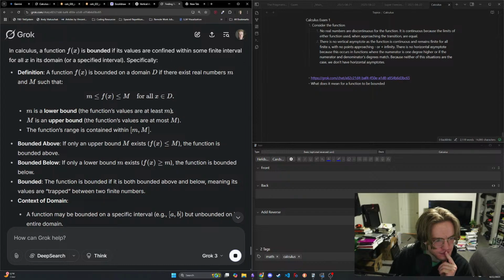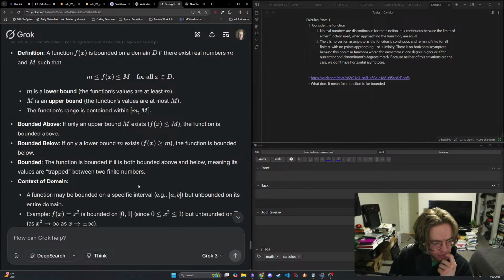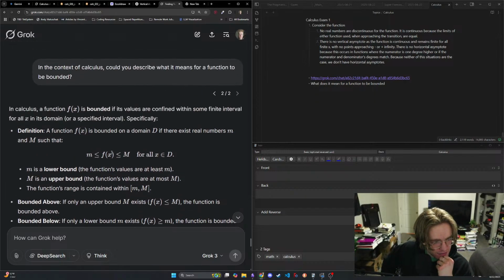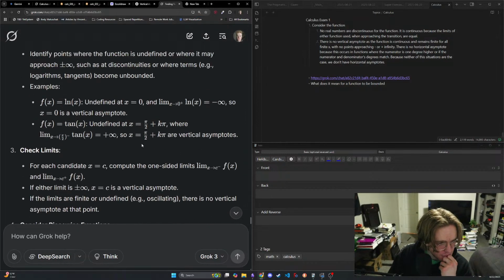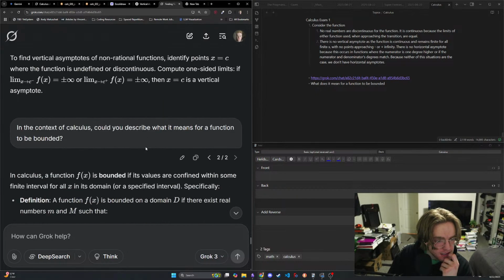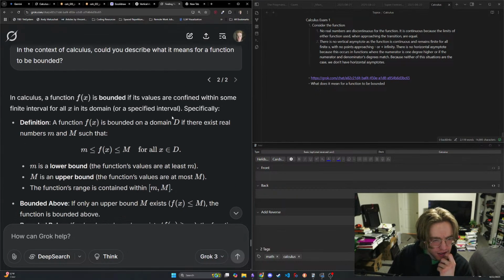Okay, so in calculus, a function is bounded if its values are confined within some finite interval for all x in its domain, or a specified interval.